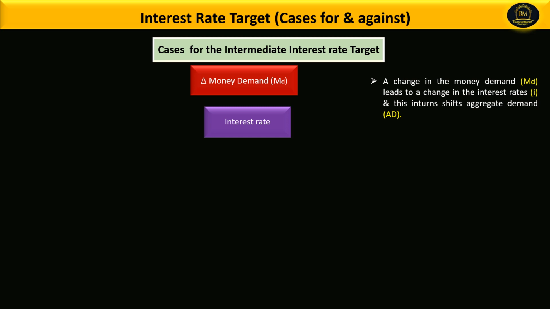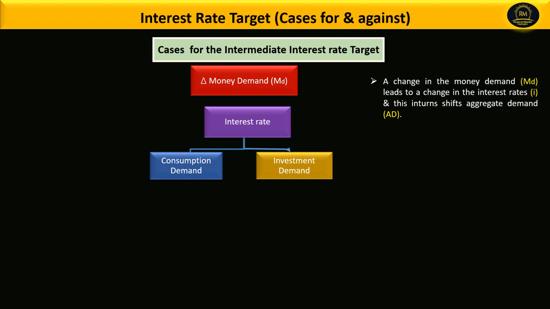This in turn affects or shifts the aggregate demand. How? Because any change in the interest rate affects the consumption demand and the investment demand. If the interest rate increases, investment demand will fall because the cost of borrowing money will increase. And consumption demand will also fall because the interest rate is very high.